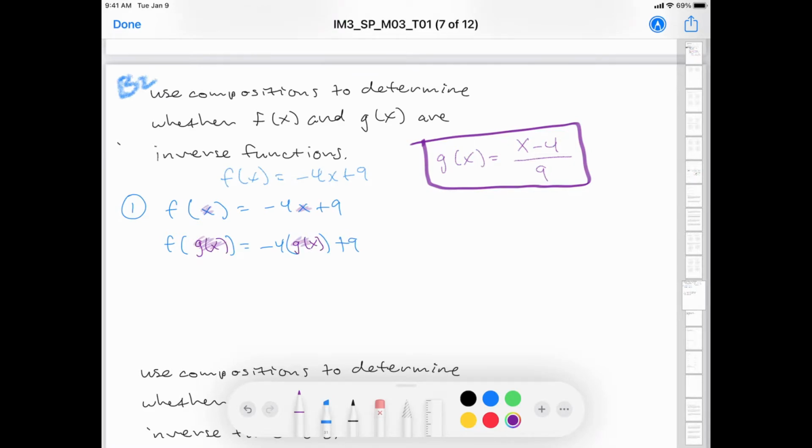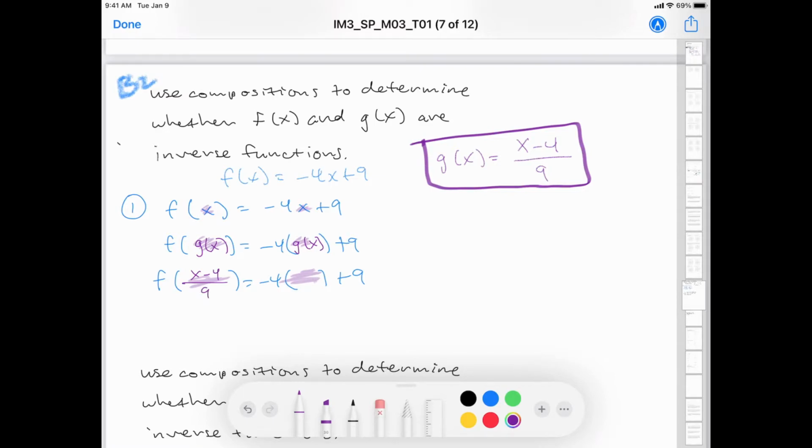But instead of writing g of x, in purple there, we're going to have to write x minus 4 over 9.